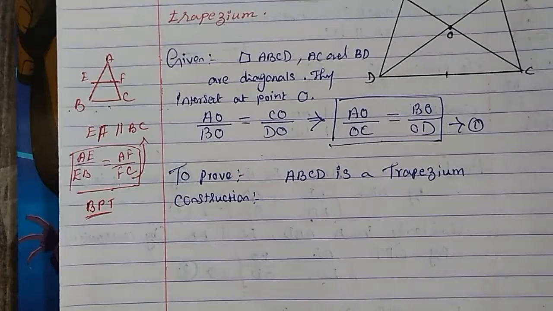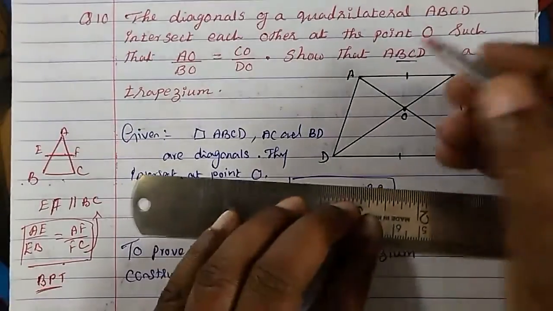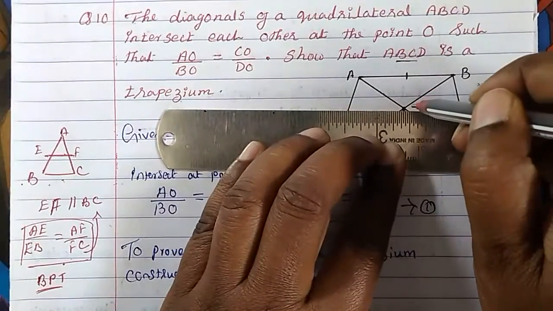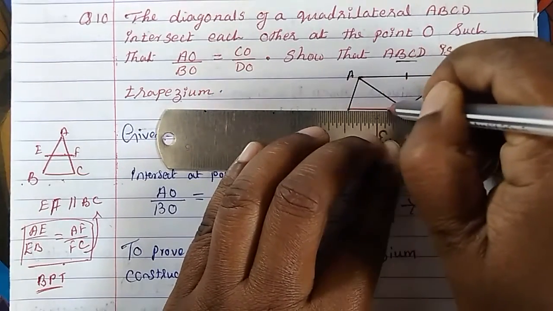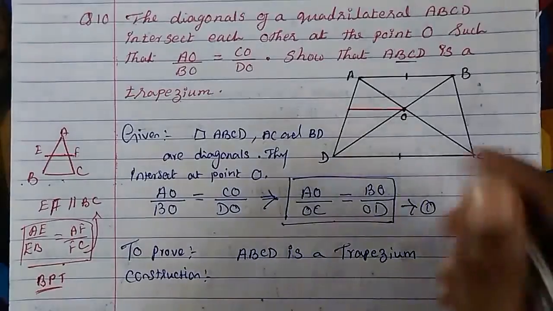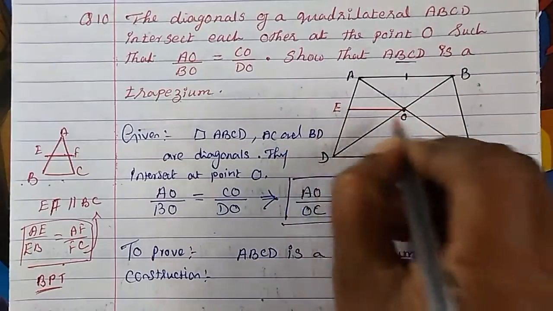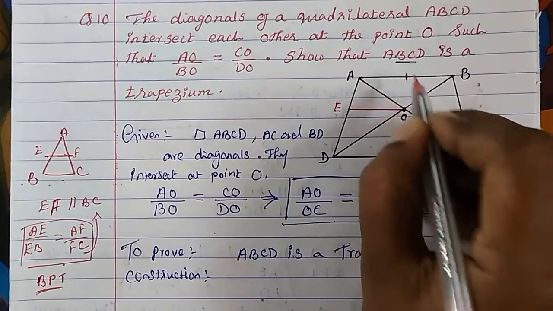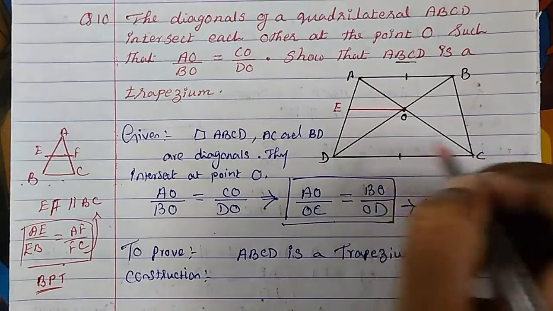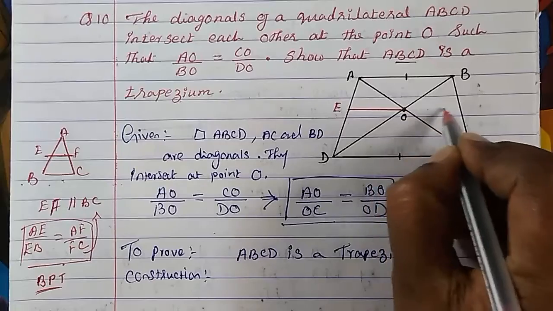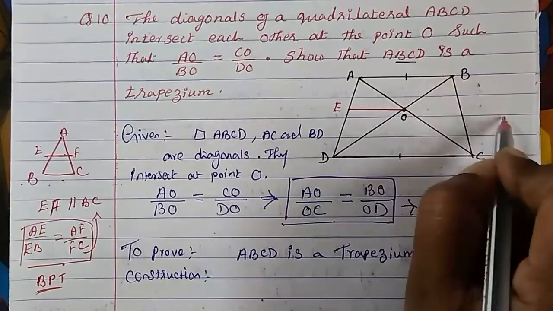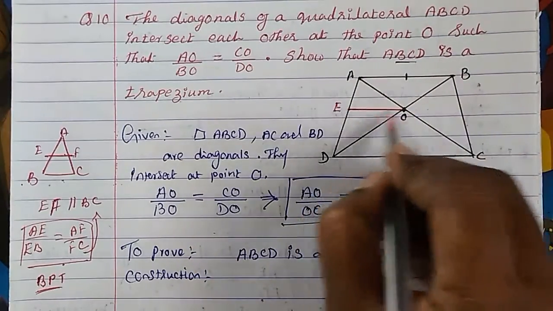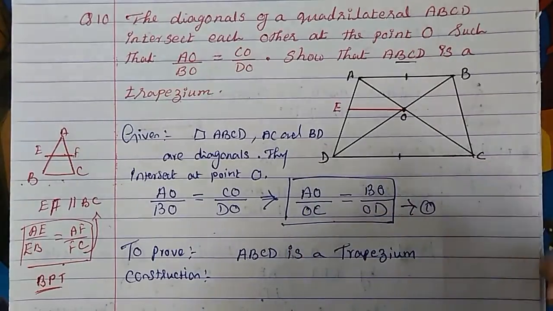So let's construct a line like in question 9 only. Okay, so we construct a parallel line in such a way that the line is parallel to AB also, and this line will be parallel to DC also. If you produce this line, this will become parallel to AB also, and this will be parallel to DC also.